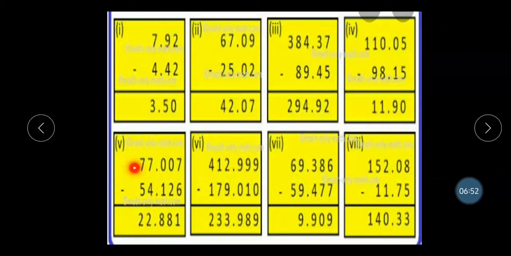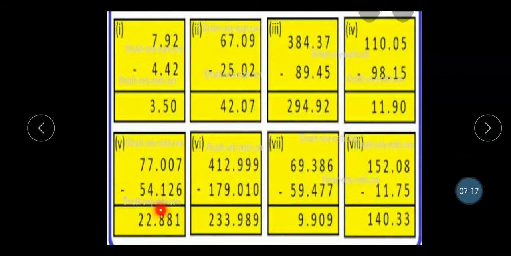Fifth example, 77.007 minus 54.126. 7 minus 6, 1. 2 cannot be subtracted from 0, so 0 will become 10. 10 minus 2, we get 8. As we have borrowed, this will become 9. 9 minus 1, 8.